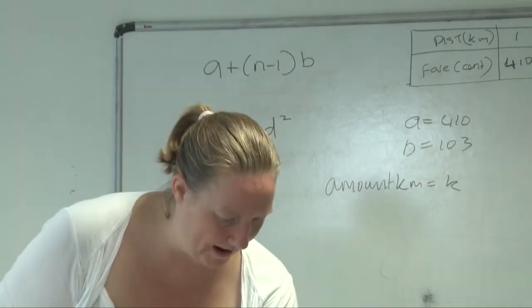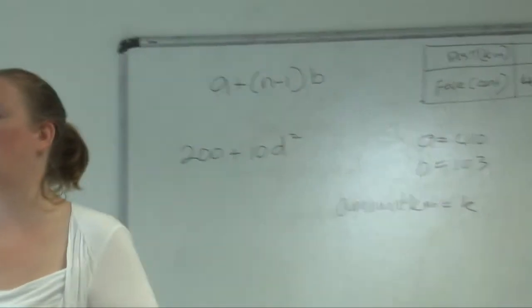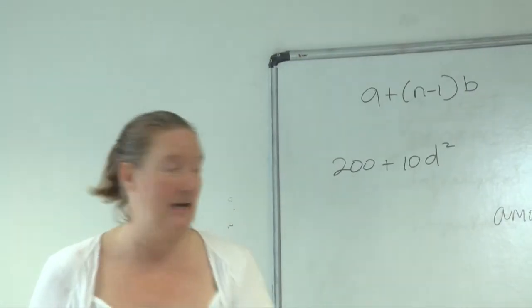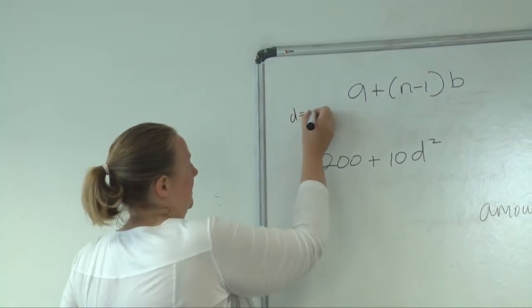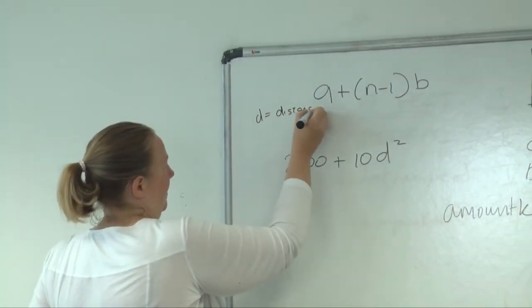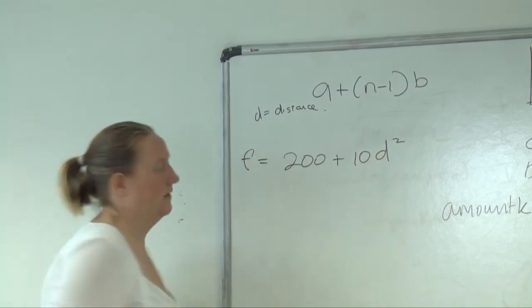And they say where f is the fare in cent and d is the distance travelled in kilometres. So d is the distance in their formula. So f equals.